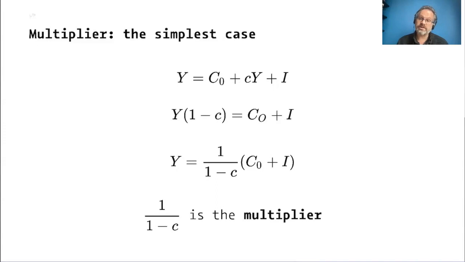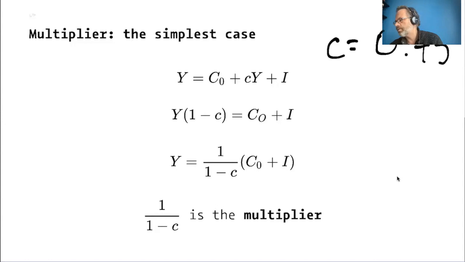So you can think about it. Suppose, for instance, that we think people consume 3/4 of their income. Suppose, as a first guess, that people at the margin consume 3/4 of their income.